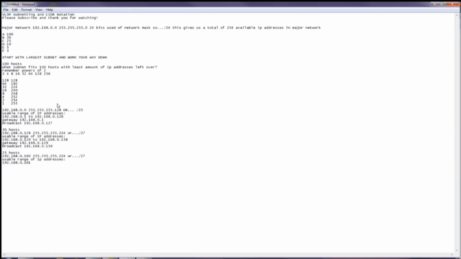So again, that'll be a /27, which should give us a usable IP address range of .161 to 190, and then that'll put our gateway at .161, and that should put our broadcast at 191.